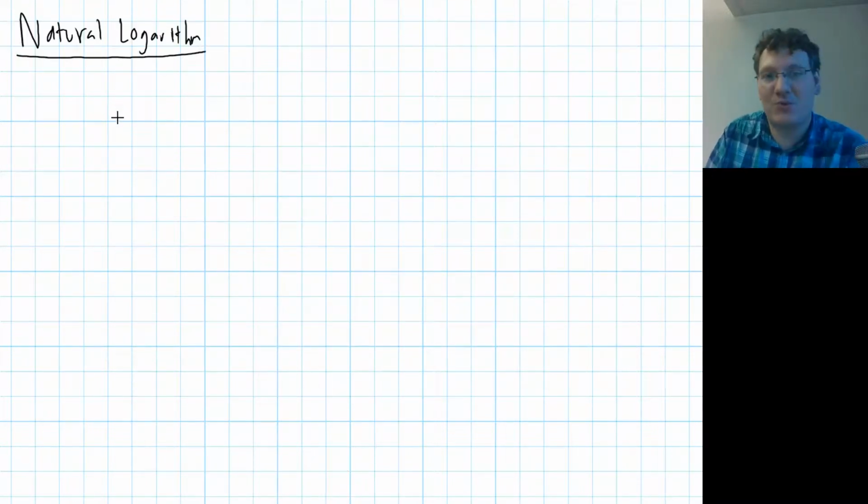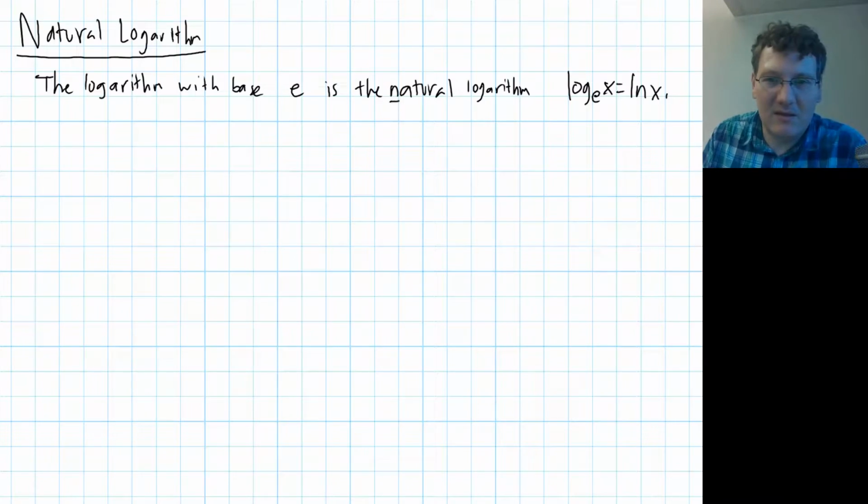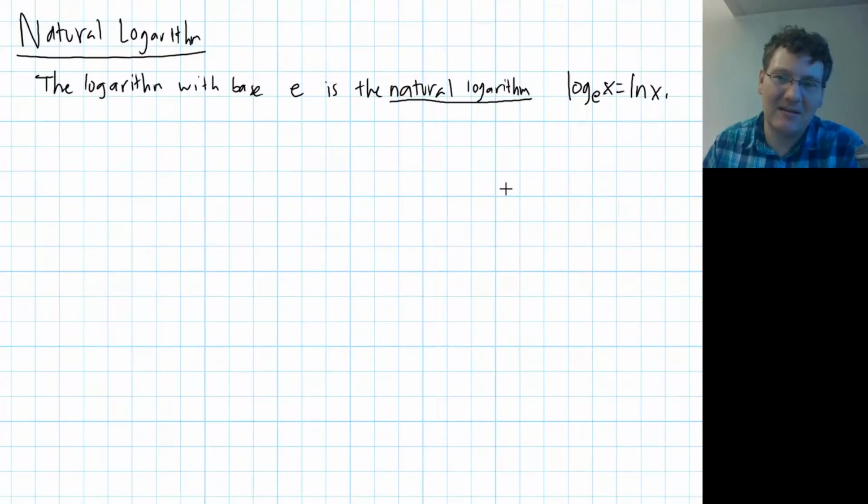Okay, so now the natural logarithm. It's a very important logarithm. As you probably guess, e is involved because we talked about the natural exponential function. The natural logarithm is the logarithm with base e. Instead of saying log base e of x, we'll just say ln of x.